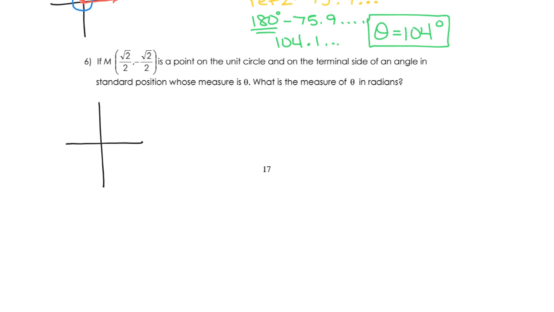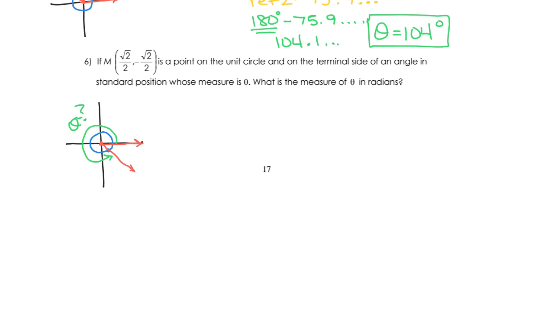If we were to go ahead and graph this, positive square root of 2 over 2 is over to the right a little bit, and then negative square root of 2 over 2 would be down. So they're talking about this point right here on the unit circle where this angle intersects that unit circle. What they want to know is how big is this angle.